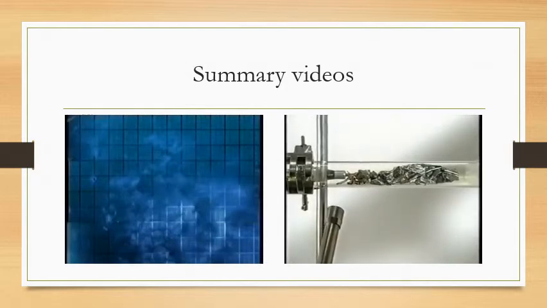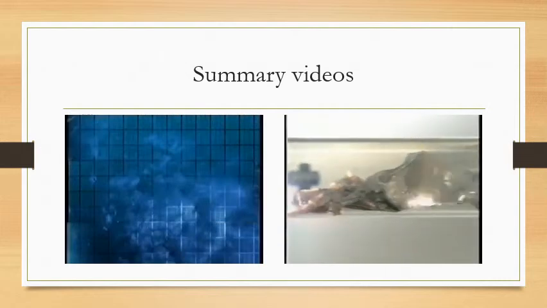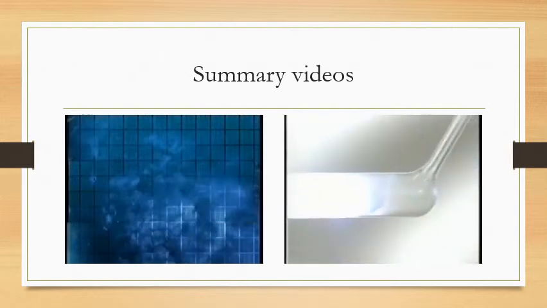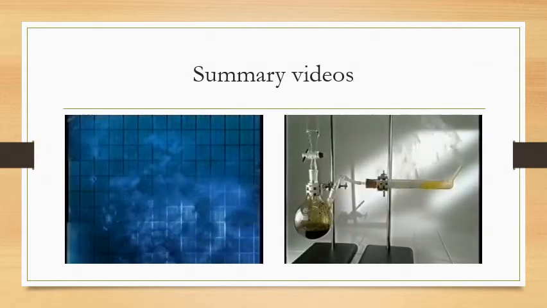The halogens also react with aluminium. Chlorine reacts violently with aluminium foil. It's not long before clouds of aluminium chloride leave the tube.